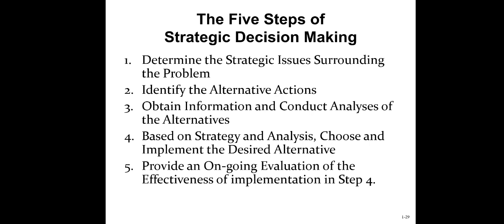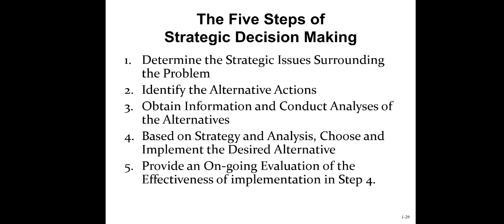And then number 3, you do analysis. For each alternative, you do analysis. The basic analysis is cost-benefit analysis. You have to show the cost if you choose this alternative and the benefit of this alternative for every alternative.